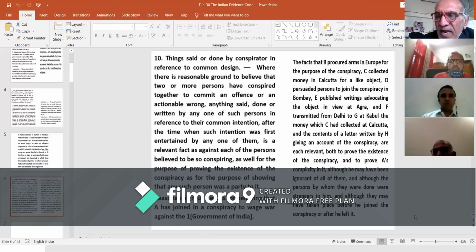Therefore, at the initial stage itself, we have to scrutinize all the pieces of evidence being put forward or suggested by the prosecutor, and we have to point out then and there which part will be lawfully permissible or not. Thank you very much.